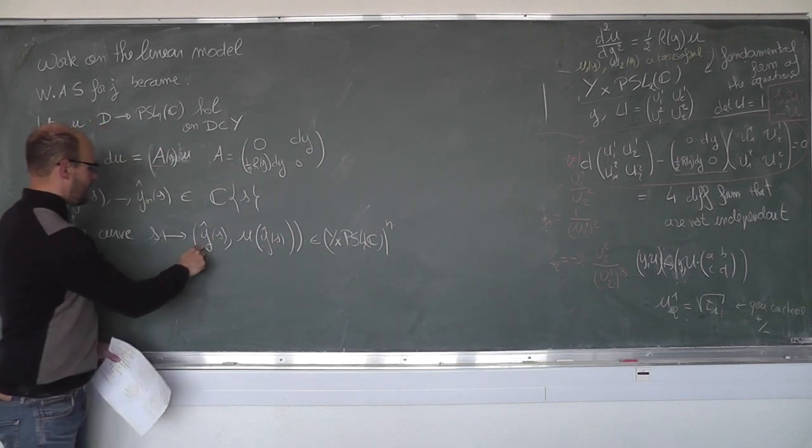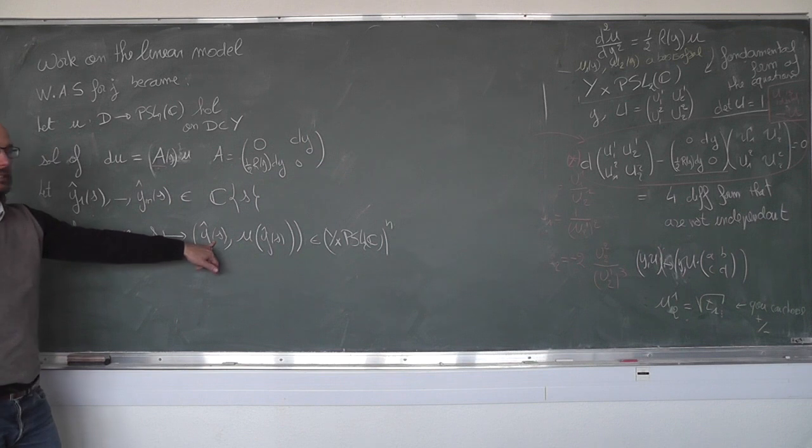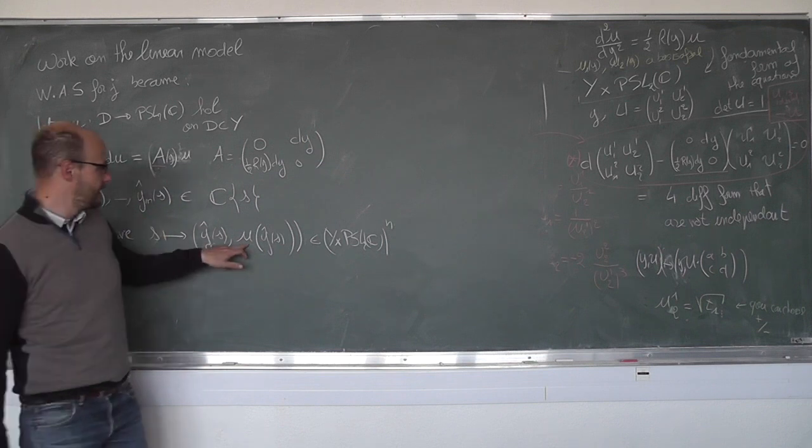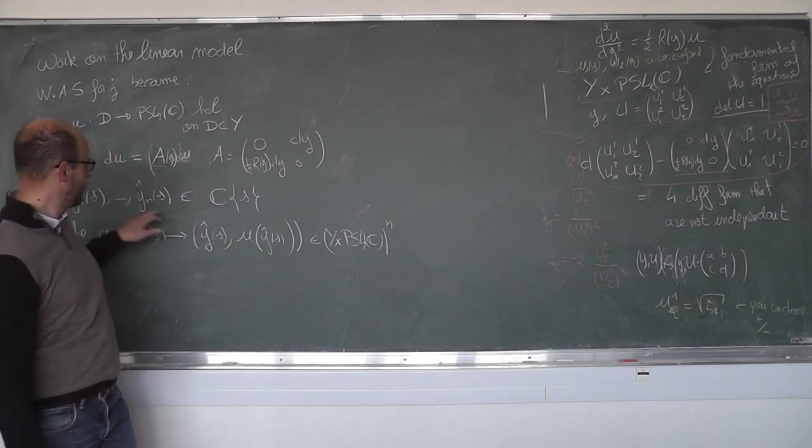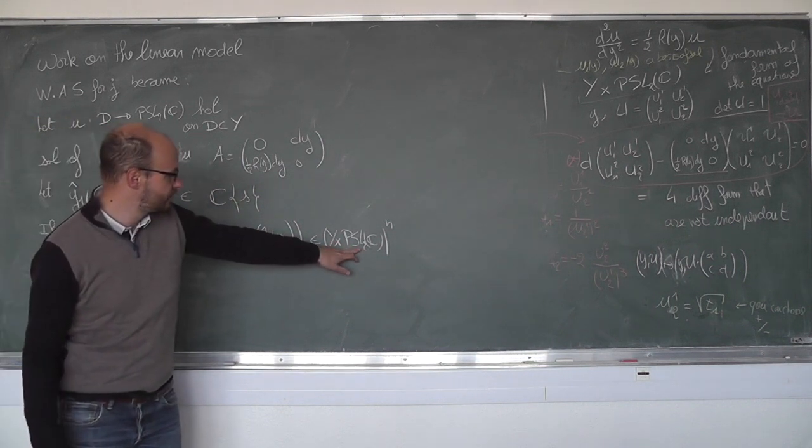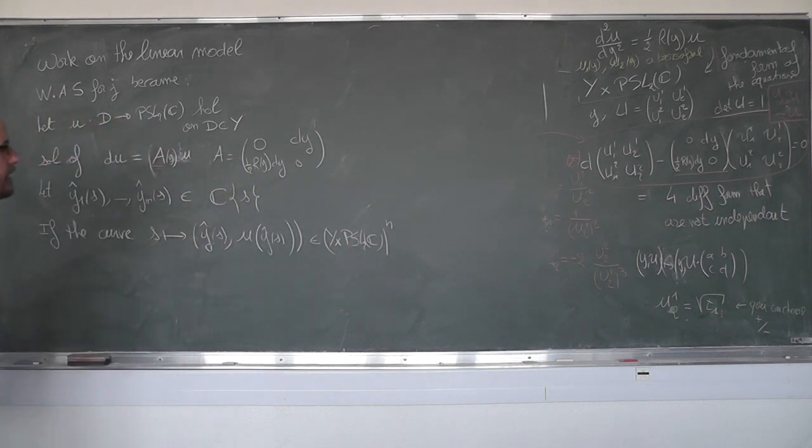I do not put the index here, but it means all this one. And then this means the U evaluated in all this one, which gives you some 2 by 2 matrix.